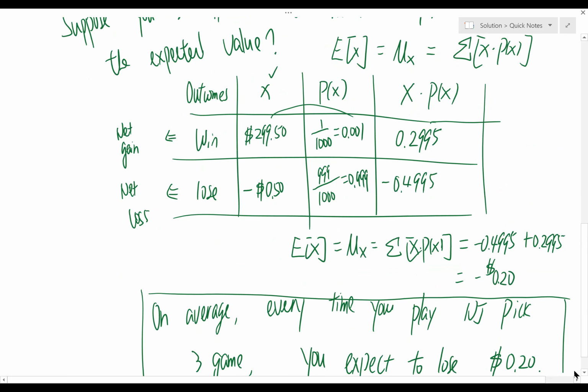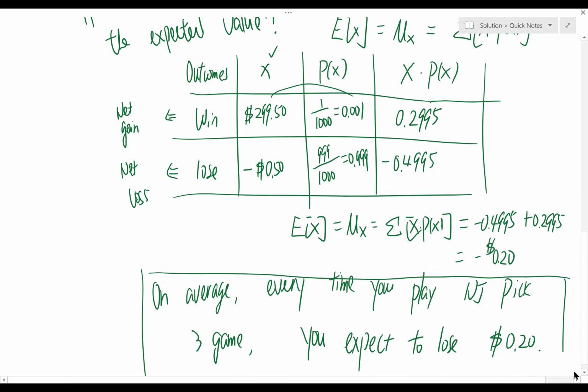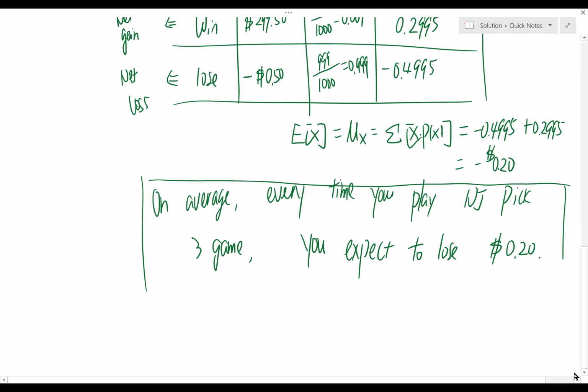And that's usually the key characteristic of all those lottery games. Usually your payout is very, very high, like in the New York Mega Millions lottery game. The payout is very high, but the associated probability is very, very low.